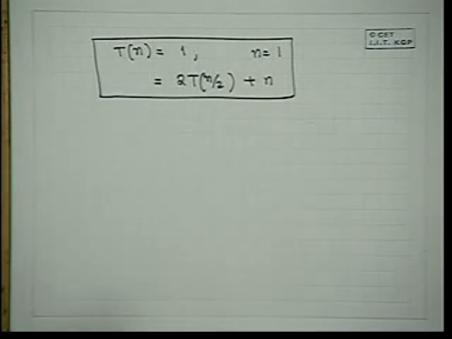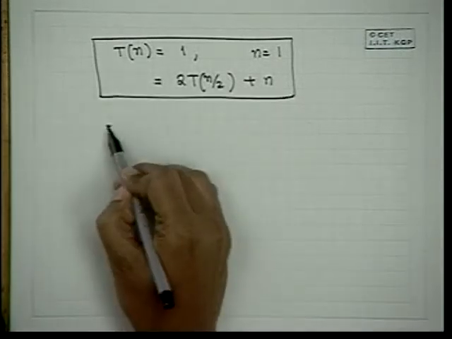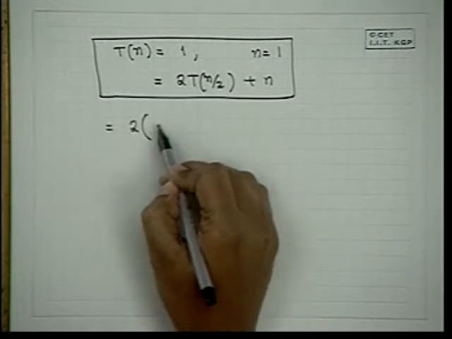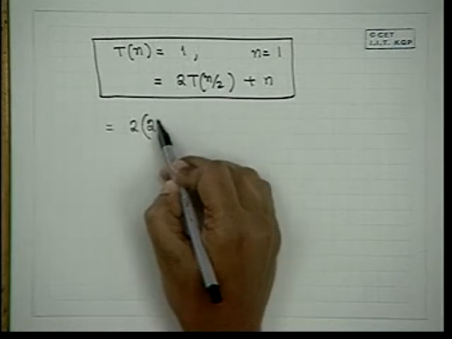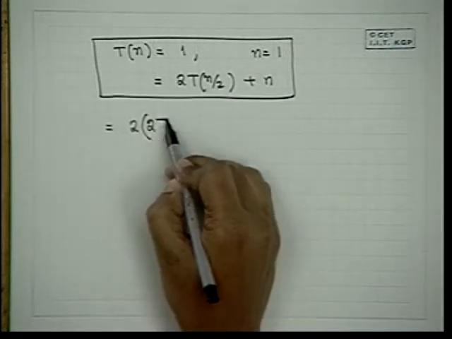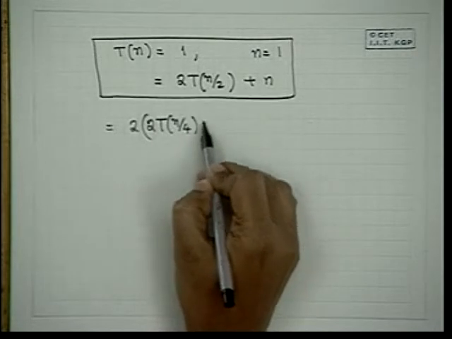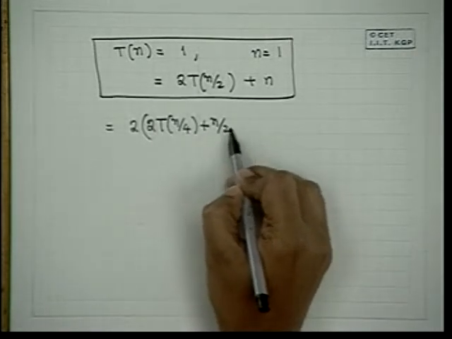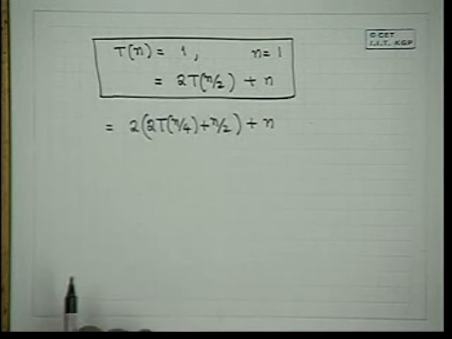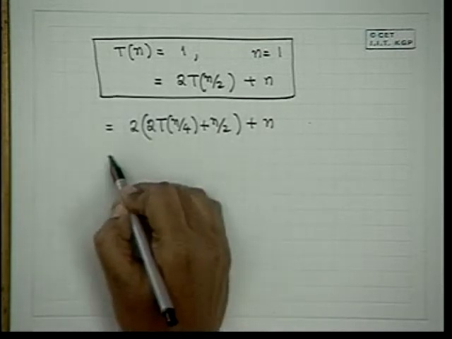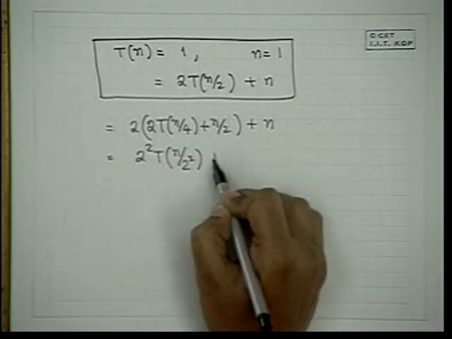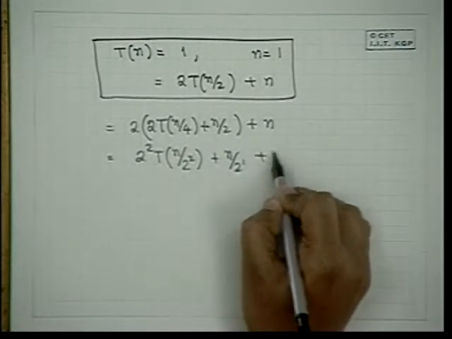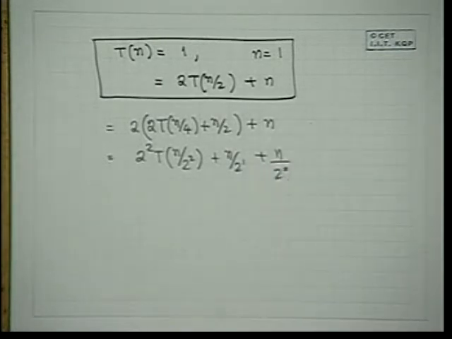Let's start expanding. 2 of, expand Tn by 2, T n by 4 plus n by 2 plus n, which is the same as 2 square T n by 2 square plus n by 2 to the power 1 plus n by 2 to the power 0, right?